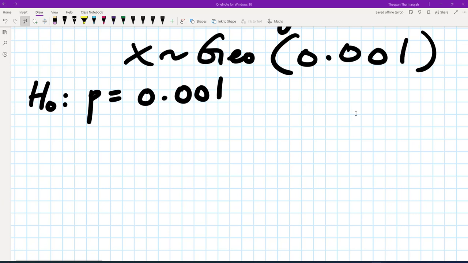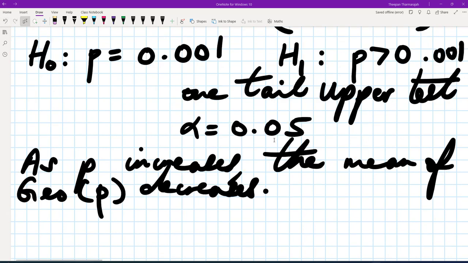Then we have the following H1: that p is greater than 0.01, in that as p increases, the mean of the geometric distribution decreases.